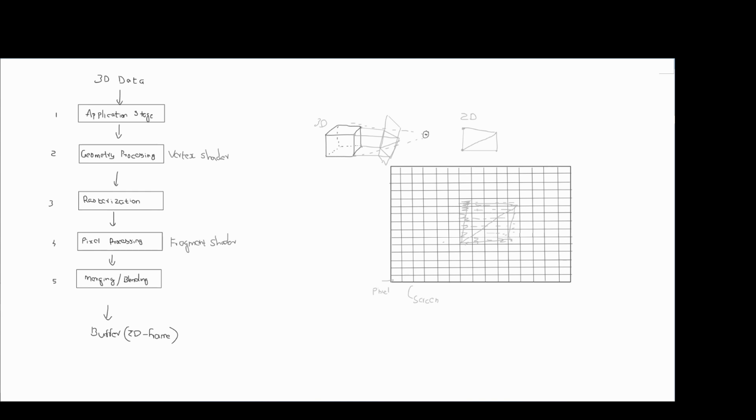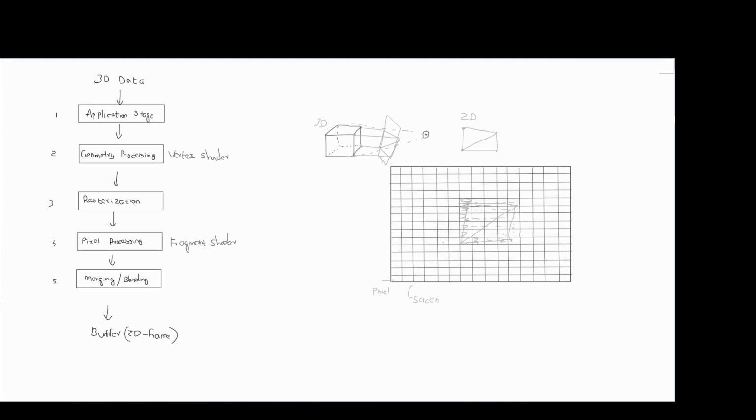So we are effectively converting a vector shape into a grid of fragments. For example, consider this pixel as a fragment. So we are converting these 2D vertices into a collection of fragments. Now we have 3D data converted into 2D, then we have a list of fragments. This list of fragments is sent to the pixel processing stage. Here we go through each fragment.